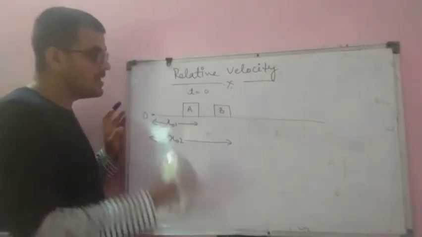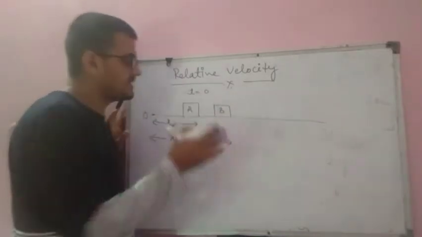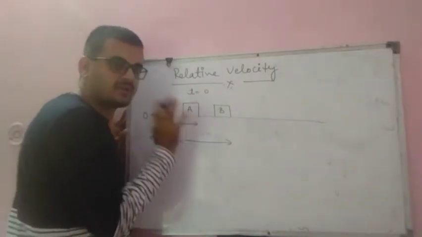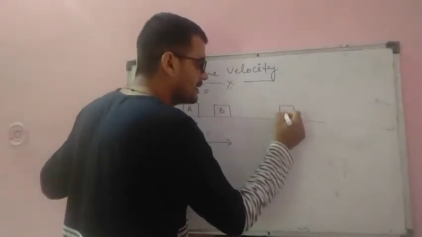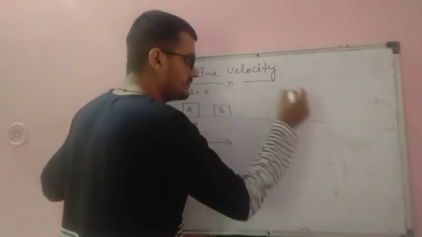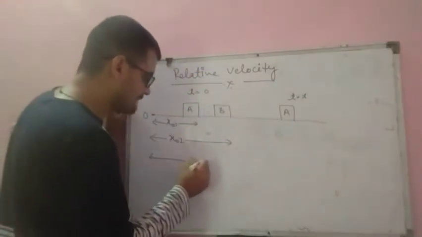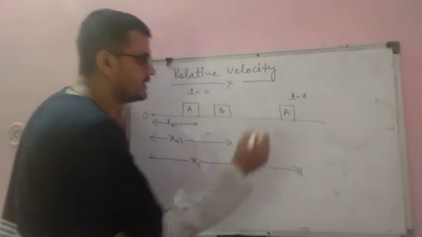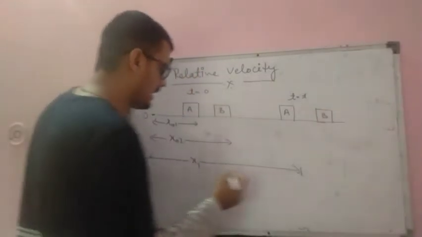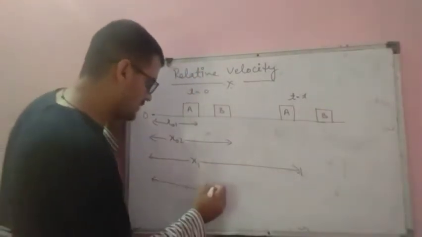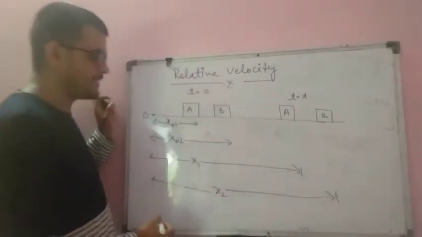Suppose after time t, A is at x1 and B is at x2.